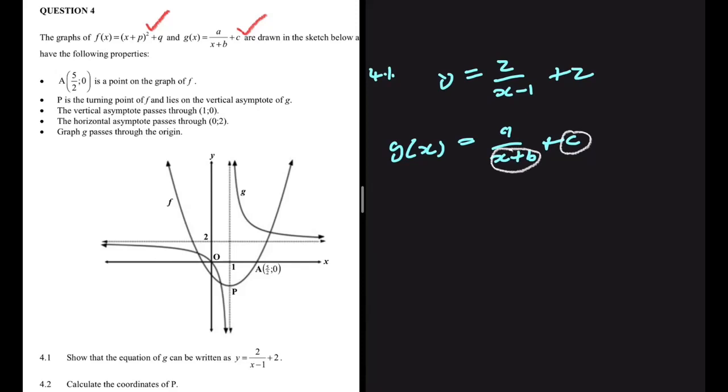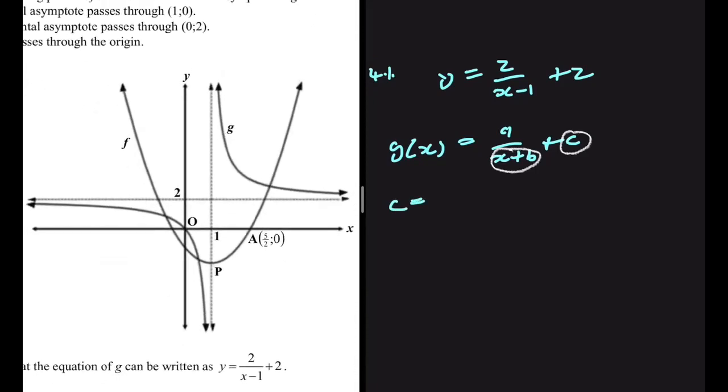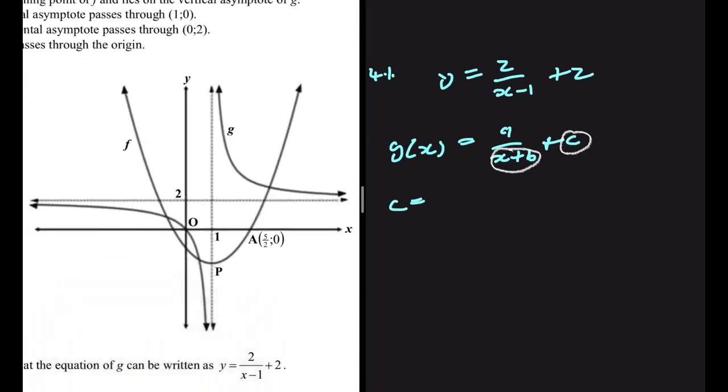So let's go ahead and extract the value of c, because we are given the horizontal asymptote. The horizontal asymptote is right here at y equal to 2, right? So that is to say that the value of c on our function g of x is equal to 2.